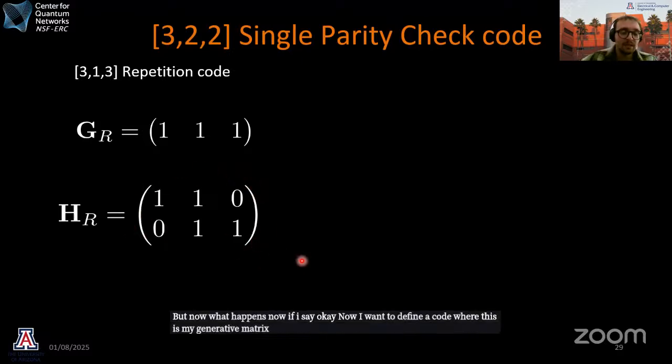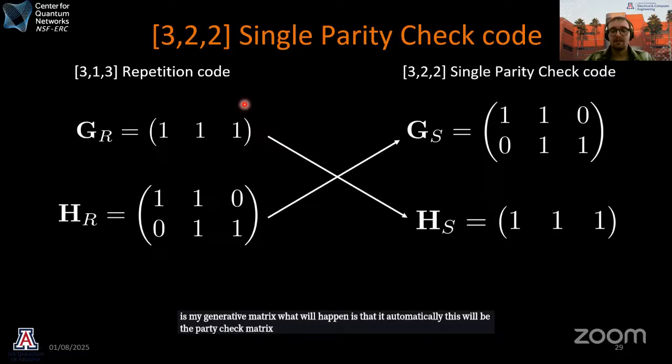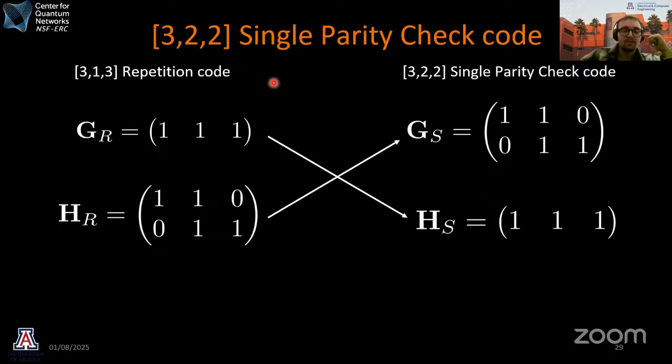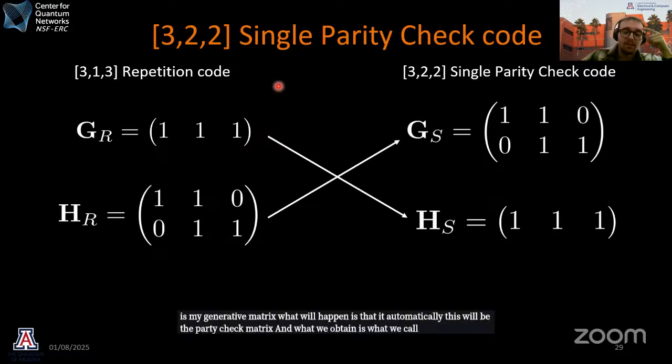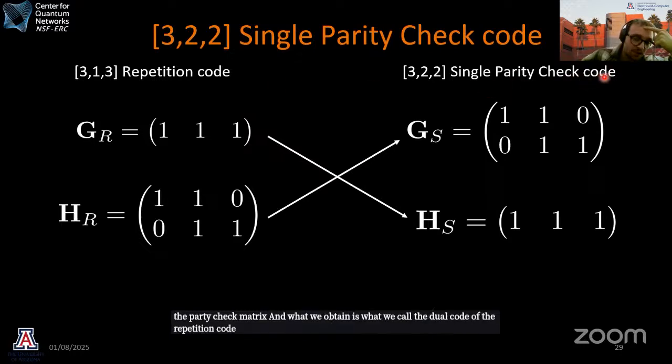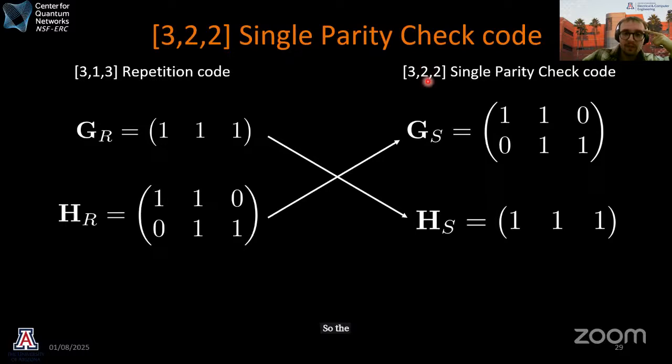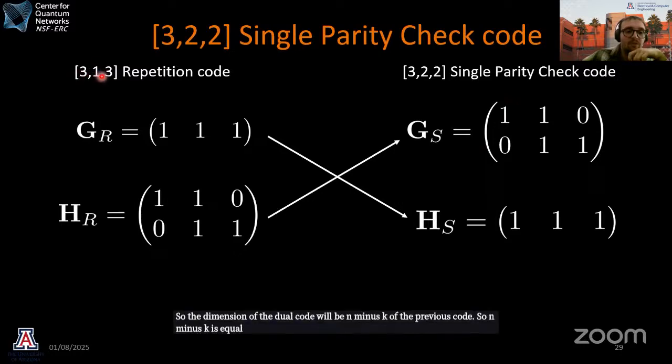What will happen is that, automatically, this will be the parity check matrix. And what we obtain is what we call the dual code of the repetition code, which is called the single parity check code. The dimension of the dual code will be n minus k of the previous code. So n minus k is equal to 2 here because it's 3 minus 1. And so k in the dual code will be 2.